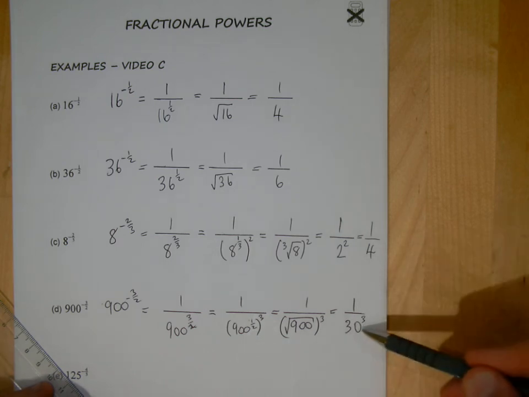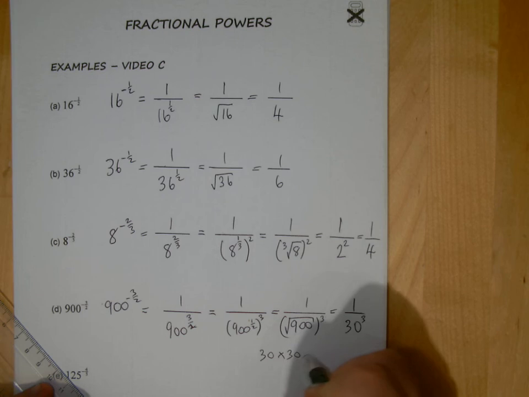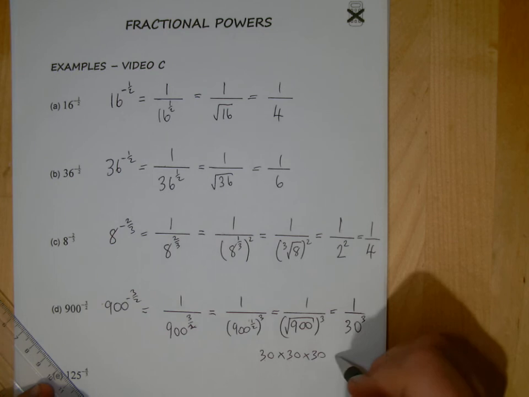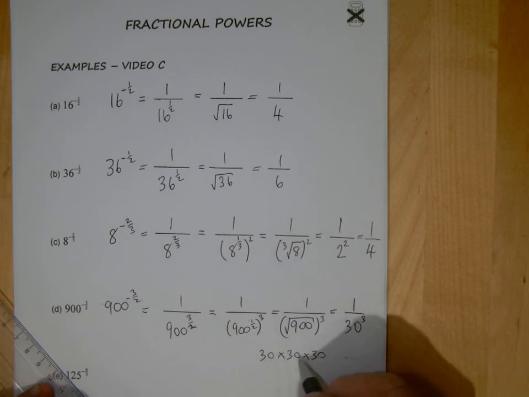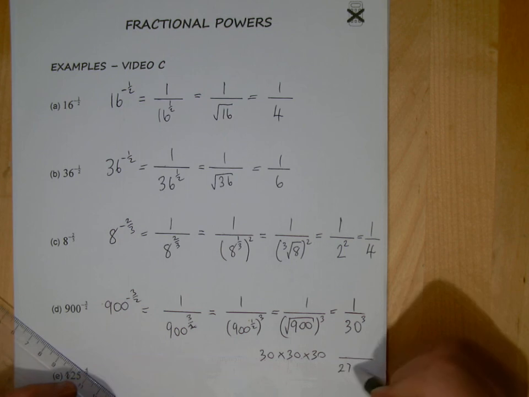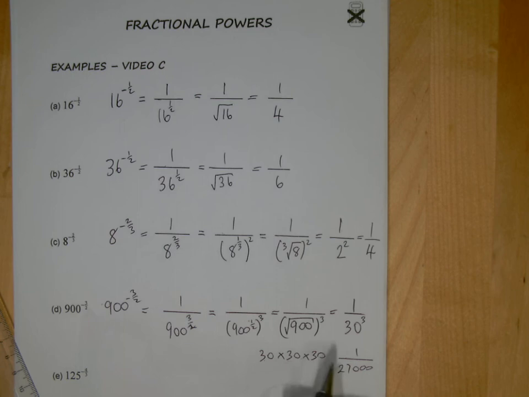That's quite easy because 30 times 30 times 30 is just 3 times 3 times 3. 3 times 3 is 9, times 3 is 27, and then the 3 zeros added on, so it'll be 27,000 on the bottom. So 900 to the power minus 3 over 2 is 1 over 27,000.